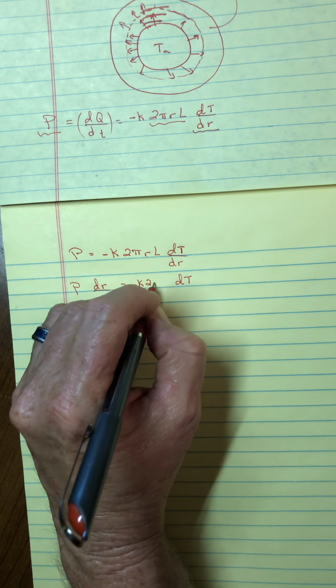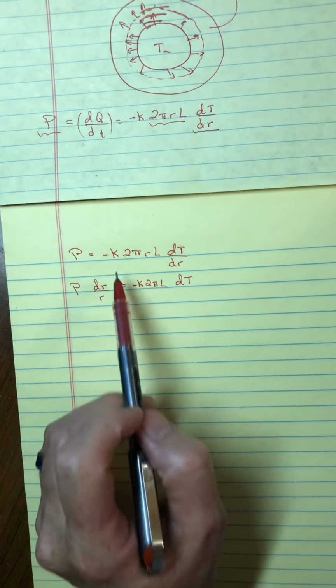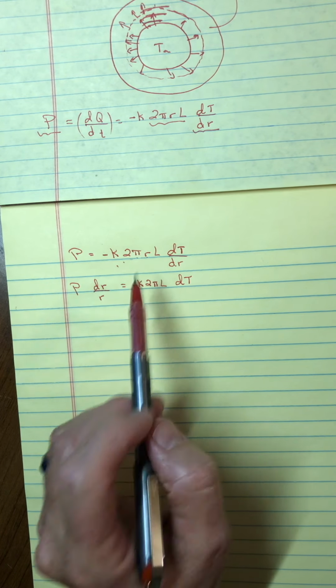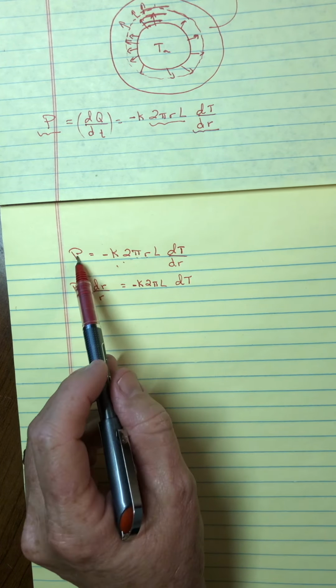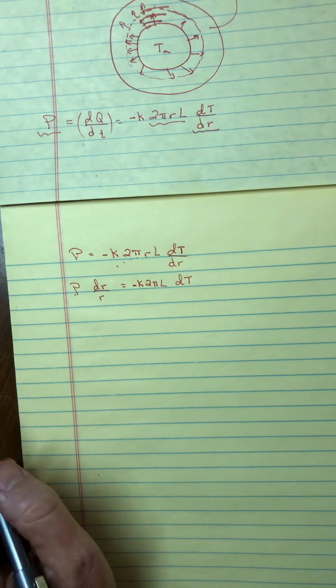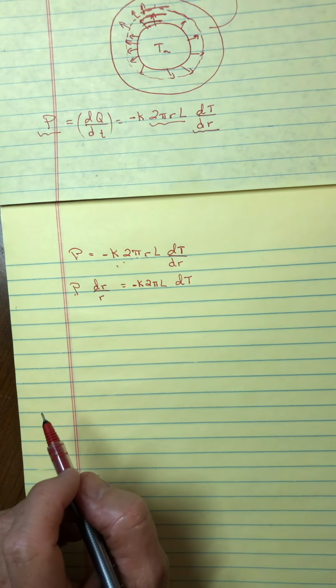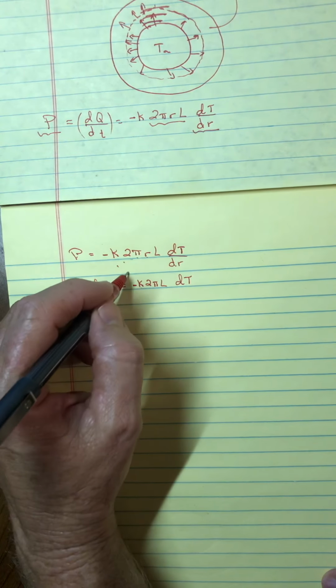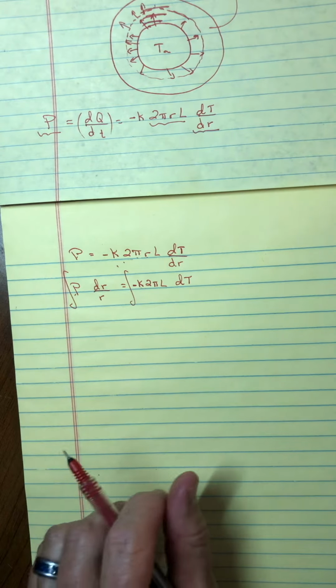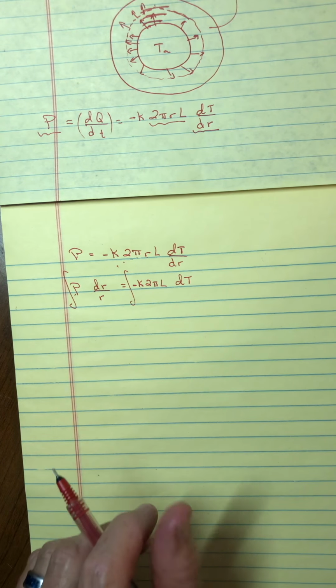I'm just going to leave them separate. So the negative k 2 pi l I'll just leave alone, and the P I'll leave alone, but I will put the r on the left, and the T is already on the right. Because now, this is the whole point of the separation of variables, is you can integrate both sides.